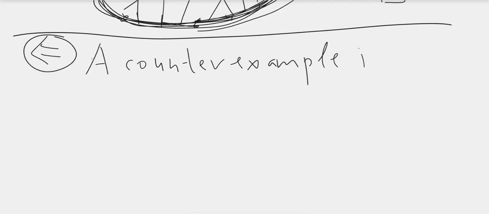A counterexample would be the Petersen graph.